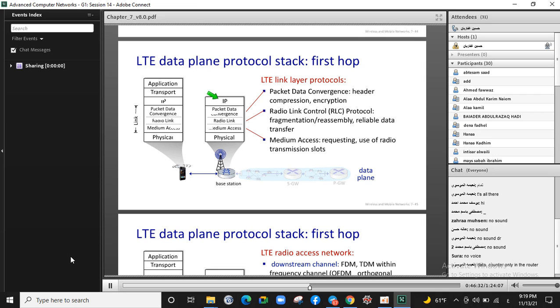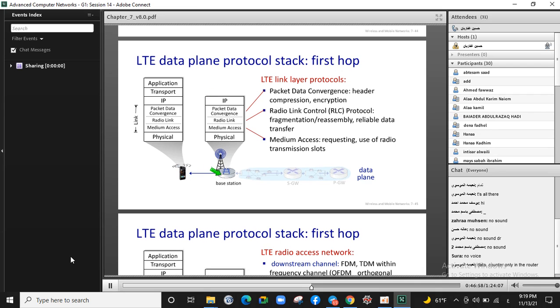Again, in the base station, we can see similar layers and sublayers, and an IP layer here. You can compare this protocol stack with a protocol stack in a router, for example.